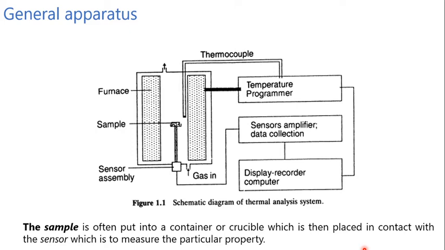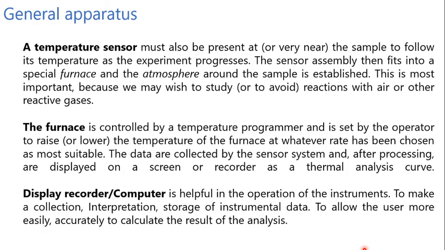The sample is put into the container or crucible, which is then placed in contact with the sensor, which is to measure the particular property. A temperature sensor must be present at or very near the sample to follow the temperature as the experiment progresses.